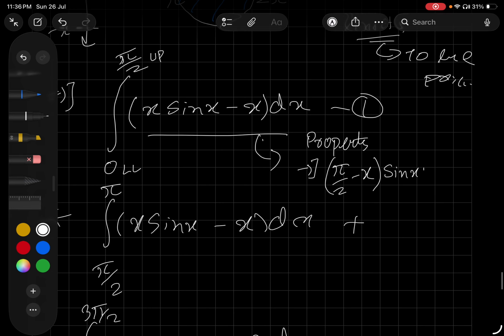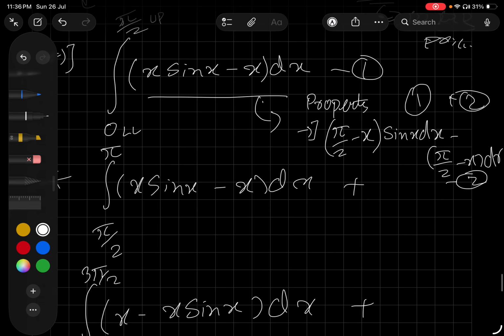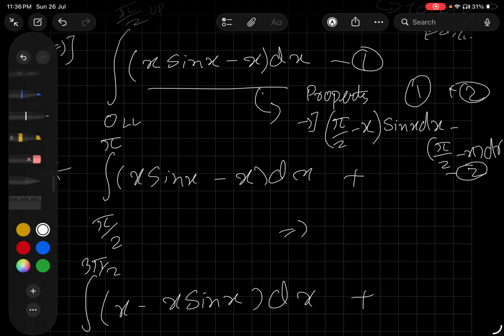It will be pi by 2 minus x times sin x dx, minus pi by 2 minus x dx. This is first, this is second. If we add first with second, x dx will be eliminated and x sin x dx will also be eliminated.